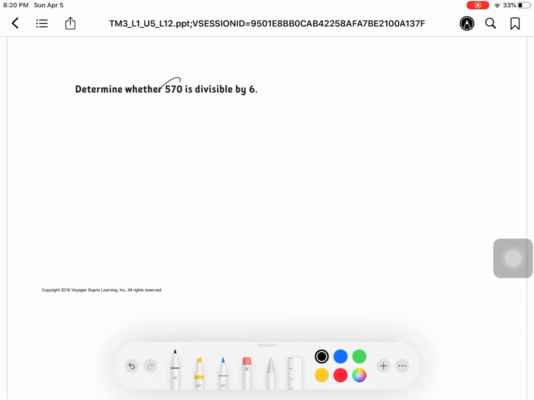So 570 is the number we're looking at. Well, remember for 6, I have to do my rule for 2 and my rule for 3. My rule for 2 was, does it end in an even number? So I'm going to look at 570. Is the 0 even? And it is. So yep, it's divisible by 2.